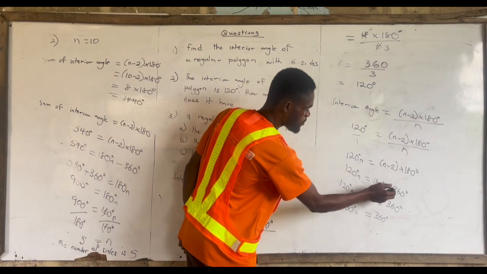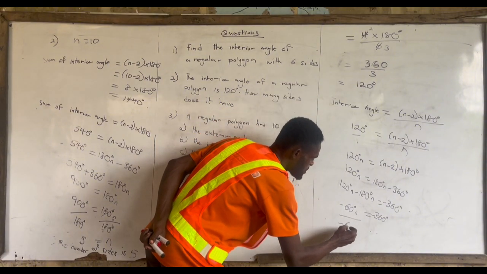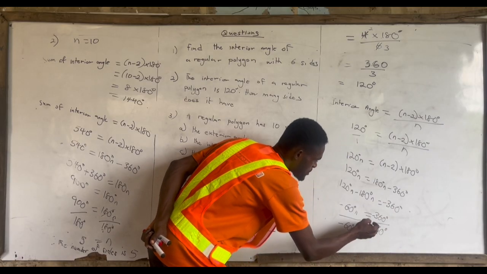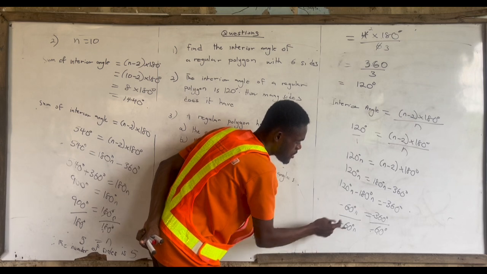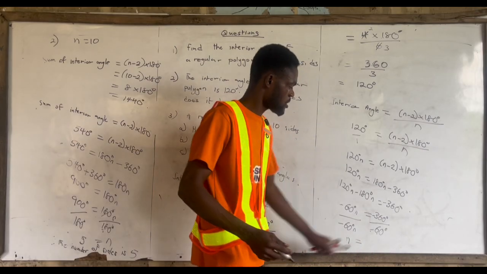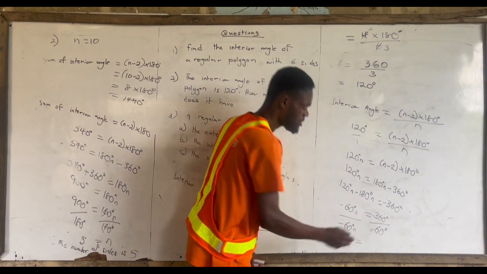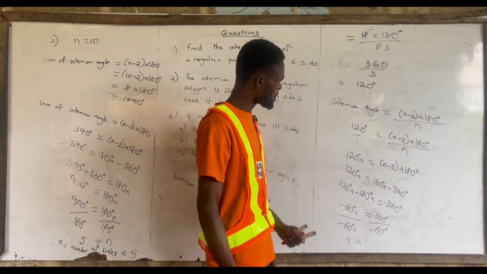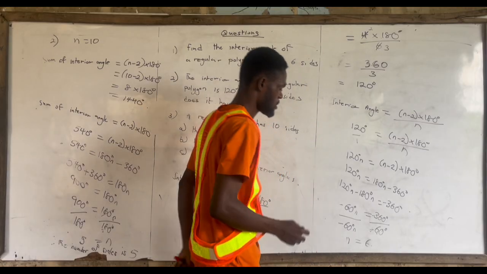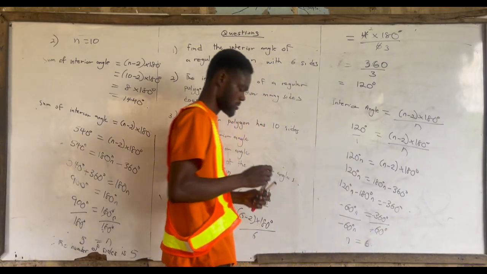We divide both sides by negative 60 degrees. Negative 60 cancels negative 60, and you are going to have n is equal to negative 360 divided by negative 60. Negative will cancel negative, and 36 divided by 6 is equal to 6. So we have the number of sides to be 6. Easy.